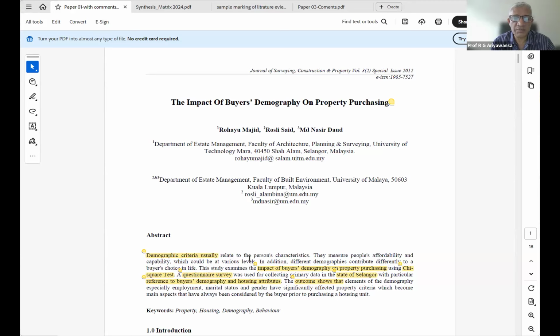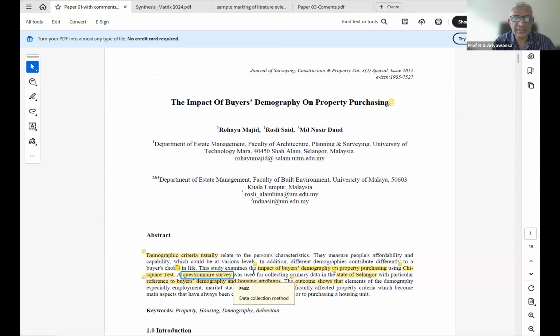Within this small paragraph, in addition, different demographics contribute differently, right. Then they are mentioning the impact of bias demography. Having a small introduction and background information, they are talking about the issue, the problem: impact of bias demography on property purchasing using chi-square test.